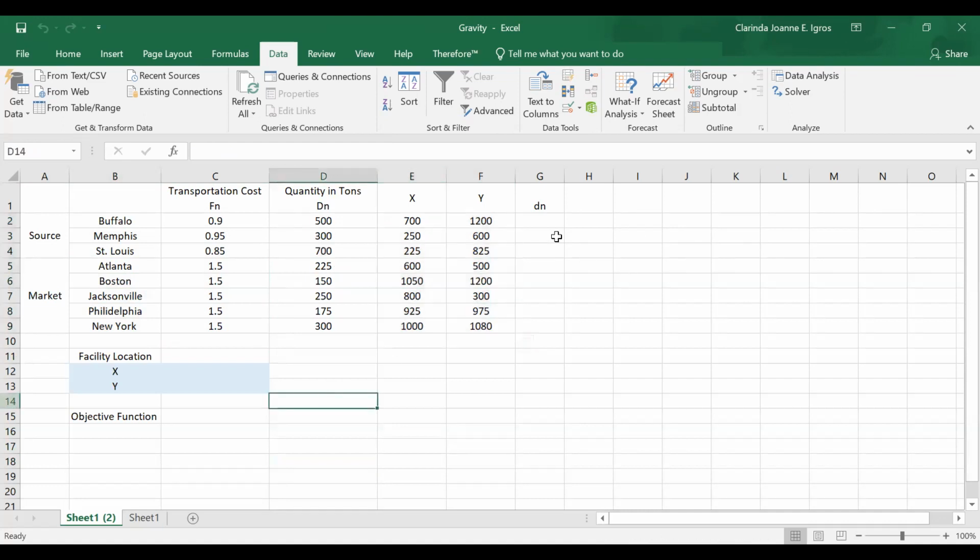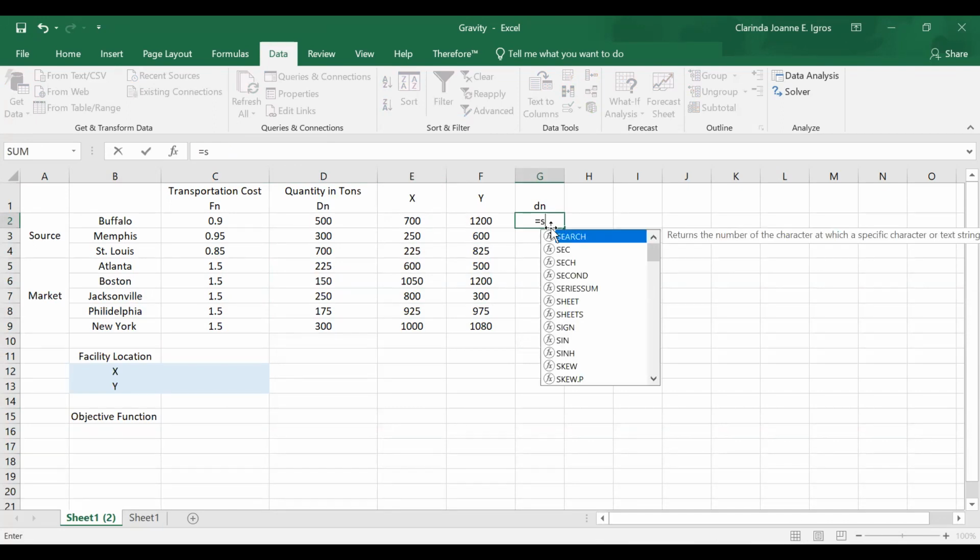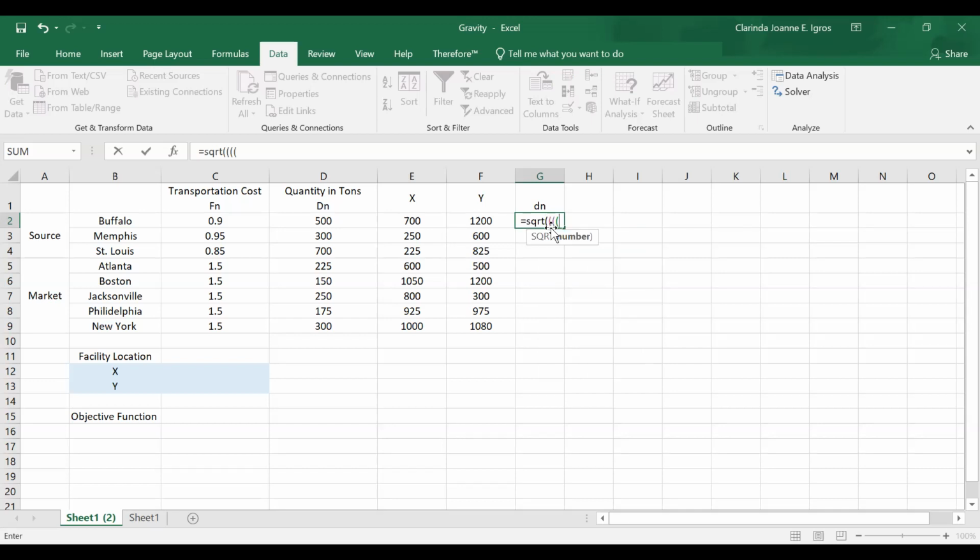First, as mentioned, we need to identify the distance. To identify the distance, the formula given was the square root of this x value minus this one, squared.